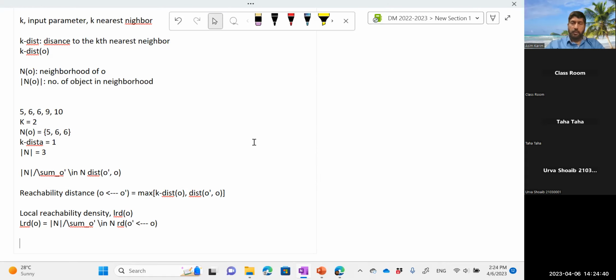a score, okay, as a ratio of the local reachability density of the neighborhood with respect to the local reachability density of the object in consideration.